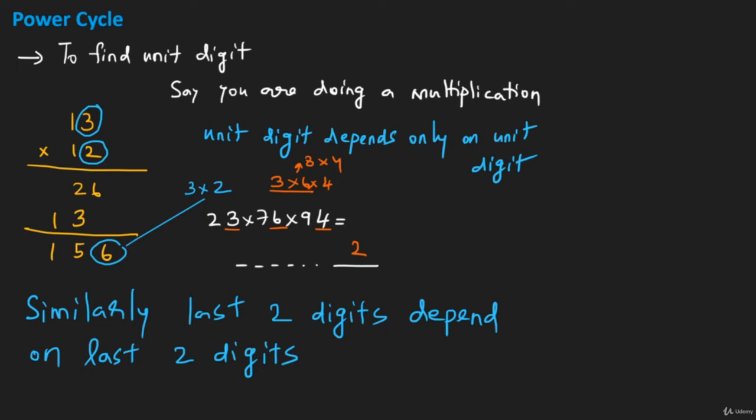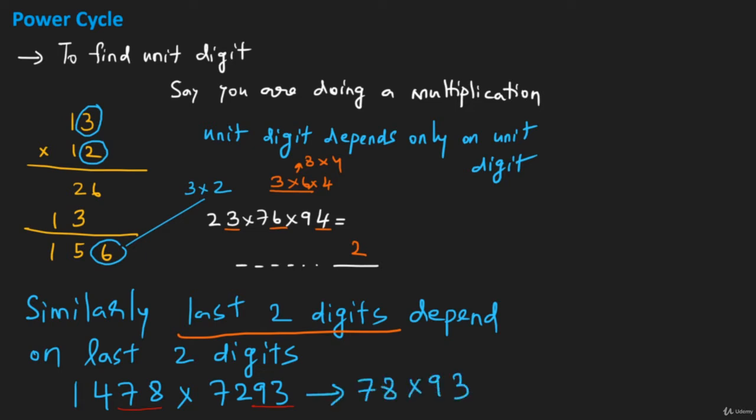For example, if you want to multiply 1478 and 7293, and you are interested in finding the last 2 digits of the answer, you actually do not need to do this multiplication. You just need to take the last 2 digits. So over here you have 78 and over here you have 93. So that's 78 into 93, and just by doing this multiplication you will be able to arrive at the last 2 digits of the answer.